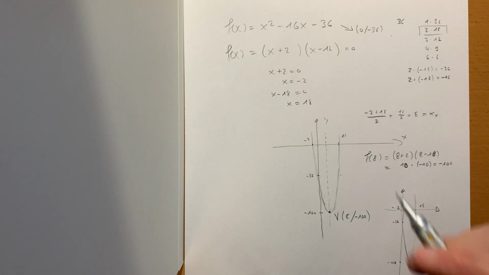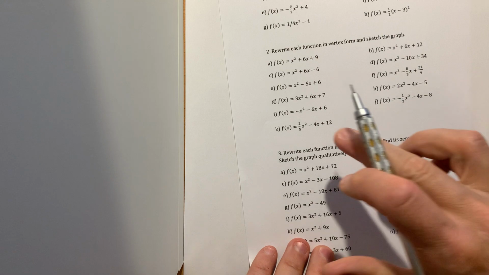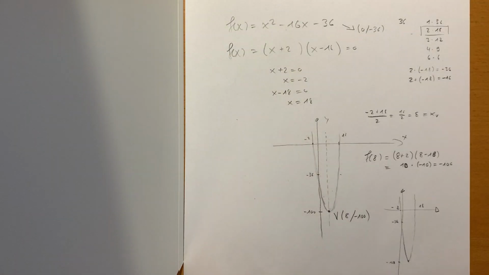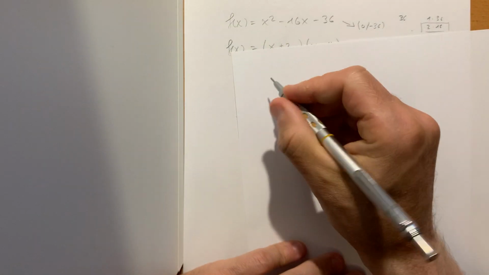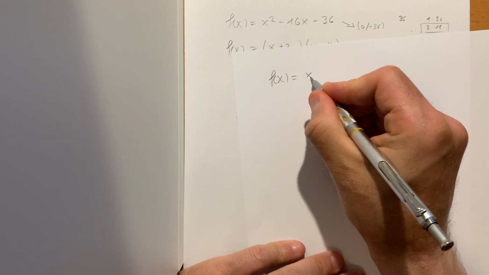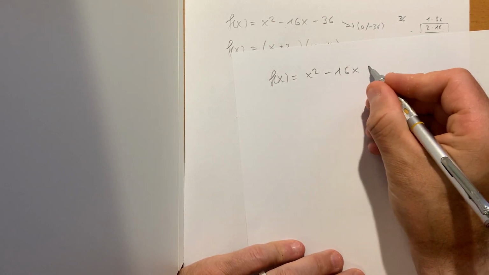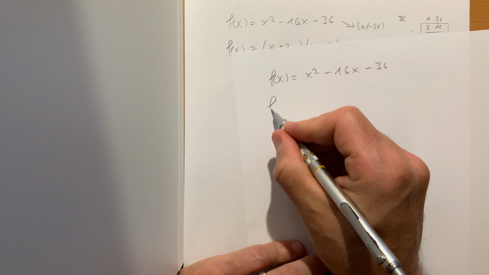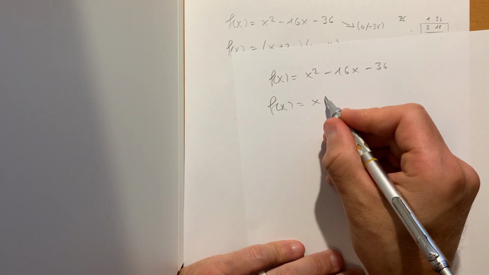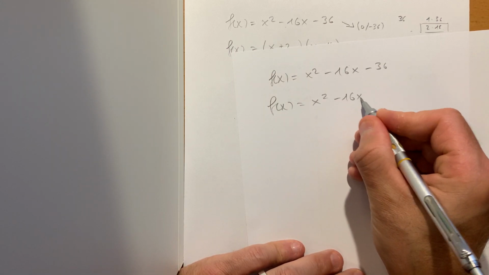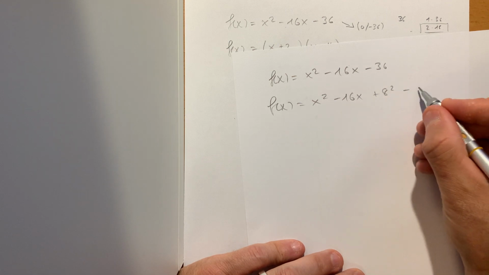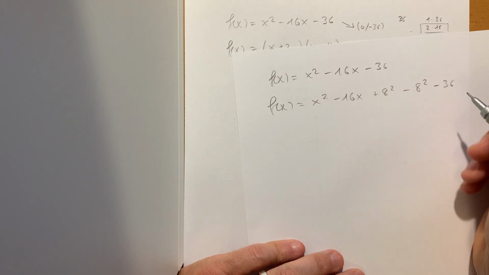Now look, I would like to do this with the old method here, okay? Let's do the same thing again. f of x is x squared minus 16x minus 36. Let's complete the square: x squared minus 16x plus 8 squared minus 8 squared minus 36.